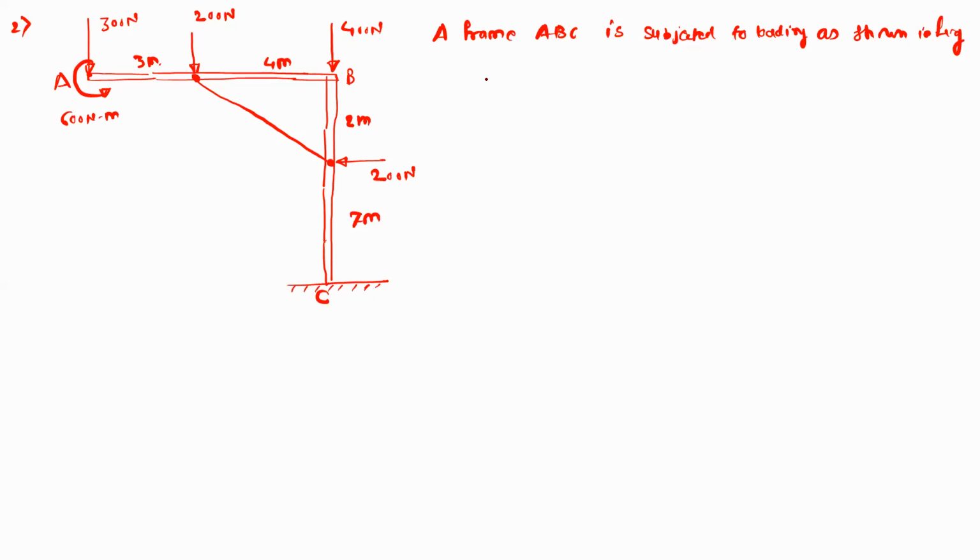Replace the system by a force and a moment at point A. That means we have to find a resultant, that is called a single force. And then we need to convert the system into a single force and moment at point A. So we need to shift the resultant to point A.